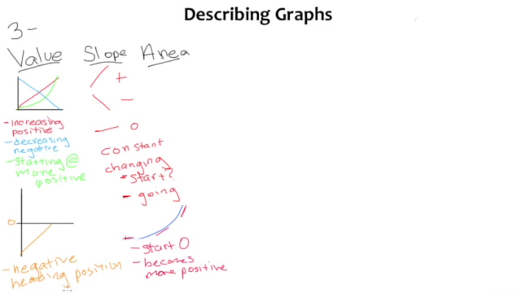Okay, so my slope starts at 0 because of this flat line here, and it's becoming more and more positive. Now, why are we doing this? First off, area we're not going to so much describe.